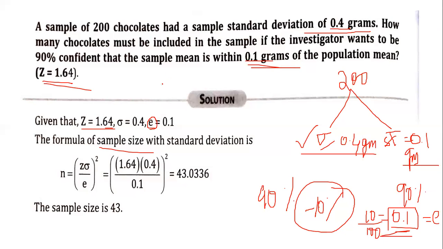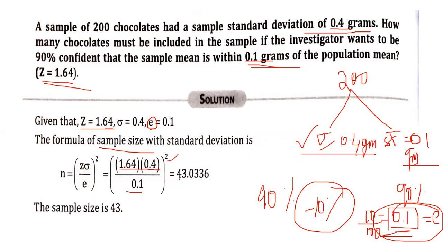It is not this 0.1, it is this 0.1 which we are talking about. Then whole square. If you simplify this, first multiply 1.64 into 0.4, you'll get one number. Then divide that by 0.1, and whatever number you get, square that.